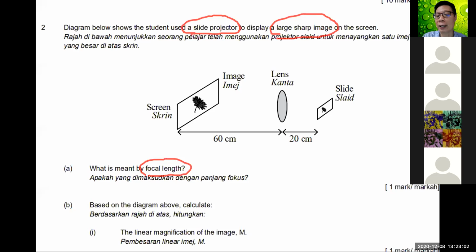Yes. Sid Eiling, your answer is perfectly correct. Everyone, please look at the answer inside the chat box. The distance between the principal focus and the optical center. This is focal length. Sid Eiling, can you change to everyone?